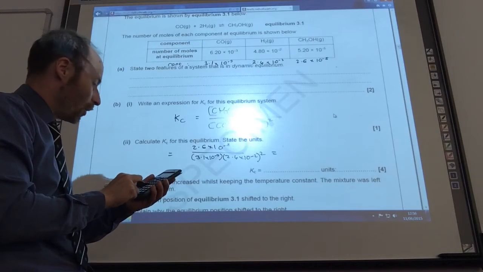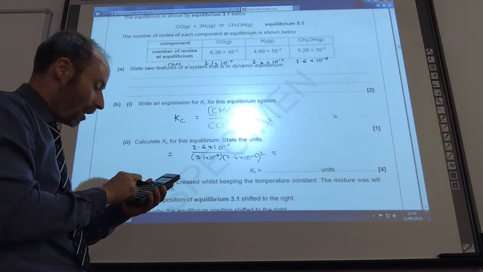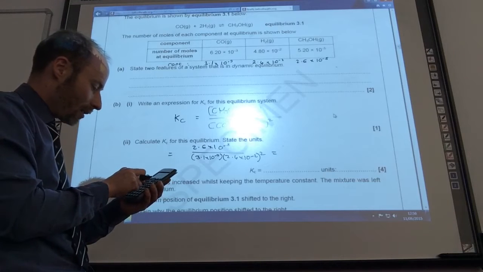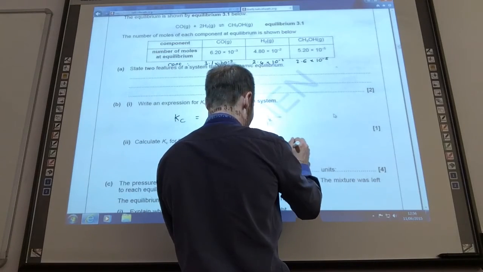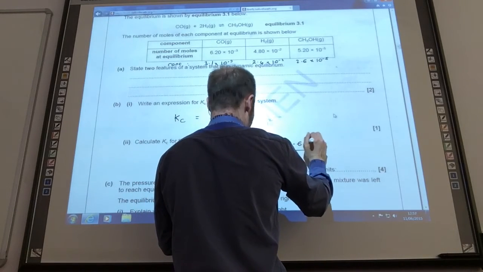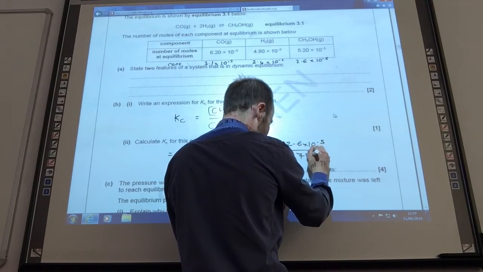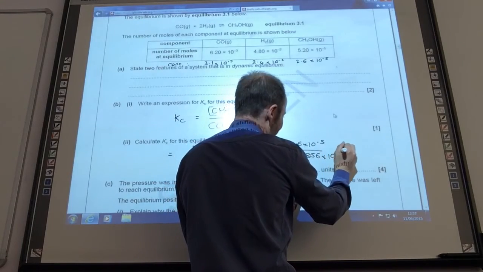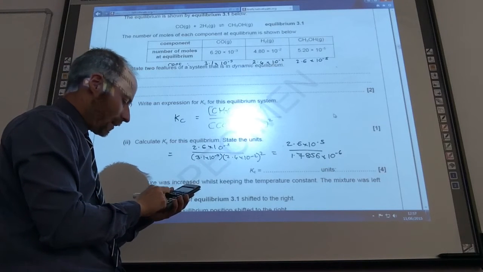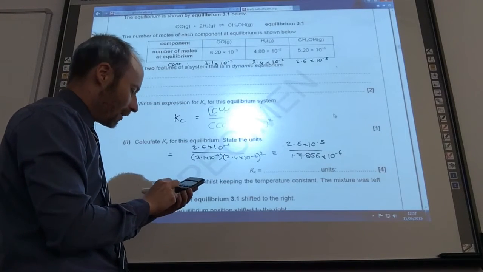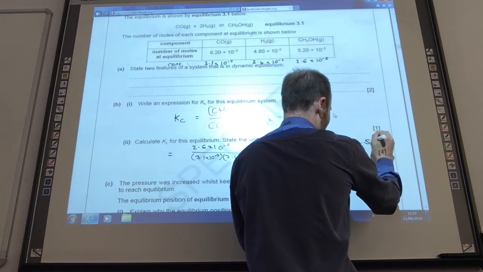But it is useful to practice putting these things into our calculators, only because I've seen and marked so many papers where they have stuffed up just putting it into their calculator. And it's understandable, you know, you're stressed out, time and everything, but it's really, really easy to lose the final mark on that. So I've got that, so let's do that. 2.6 times 10 to the minus 5 divided by my answer. That gives me 40.56.